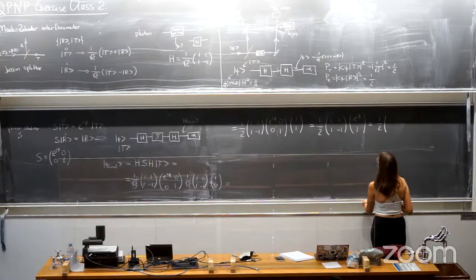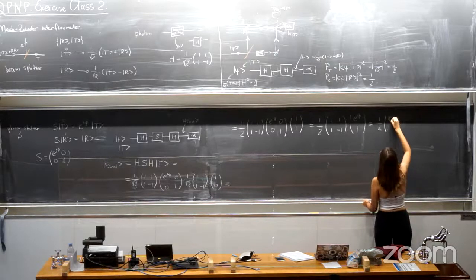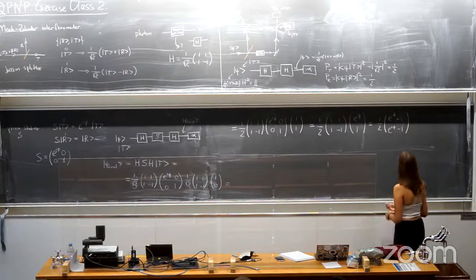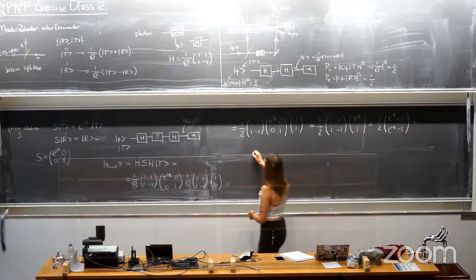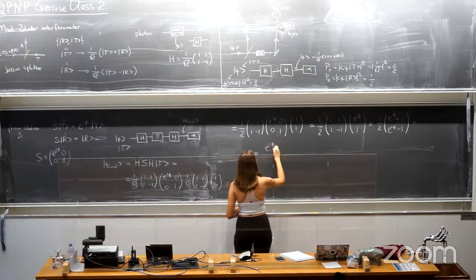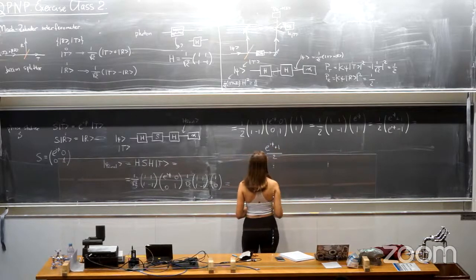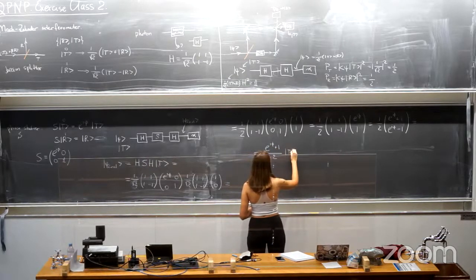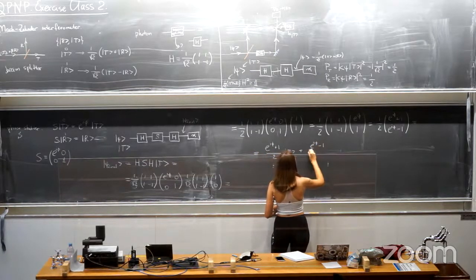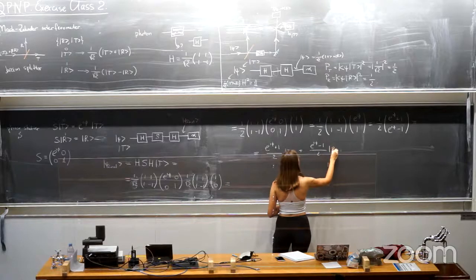Here we have the following state: e to the power i phi plus 1, and here e to the power i phi minus 1. Now we can rewrite this in ket form. We will get e to the power i phi plus 1 over 2 T plus e to the power i phi minus 1 over 2 R.